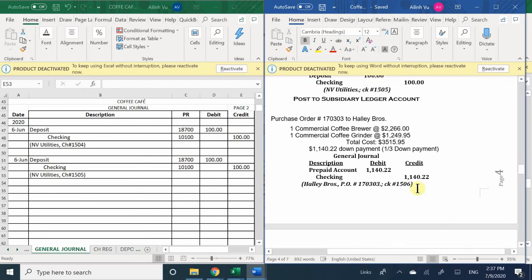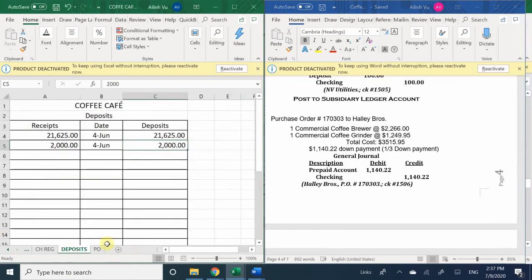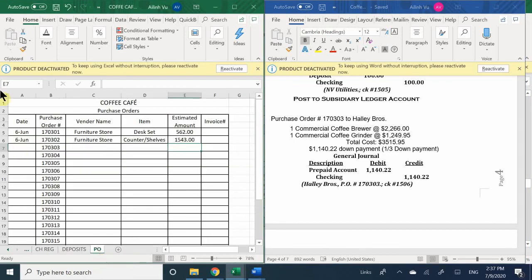So first, I want to recognize that I have a purchase order. Okay, that should be number 1. The first thing is I sent out a purchase order on June 6th. And it is to who? Haley Bros. However you say that.